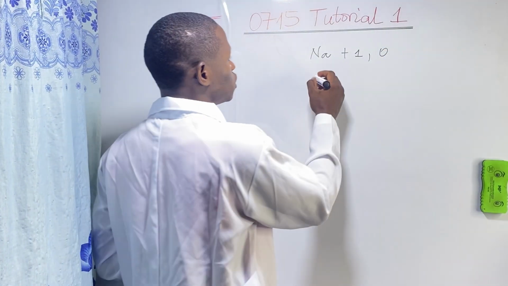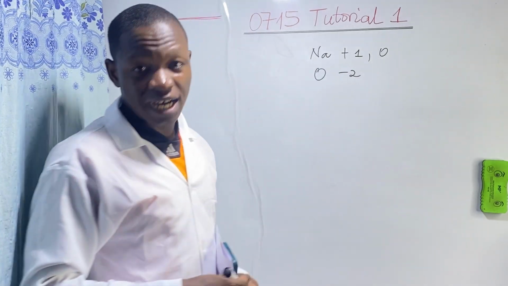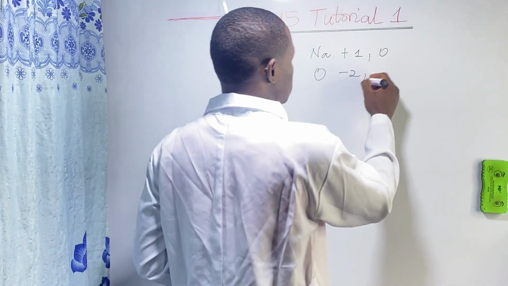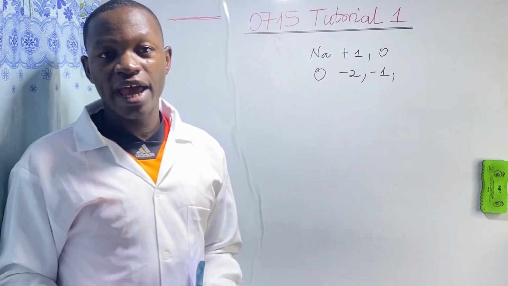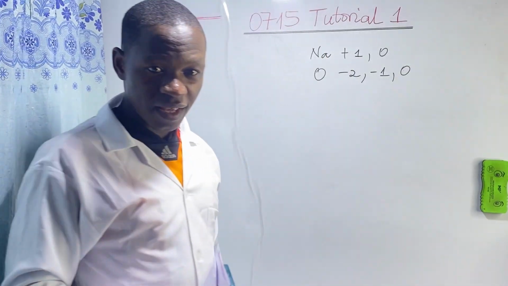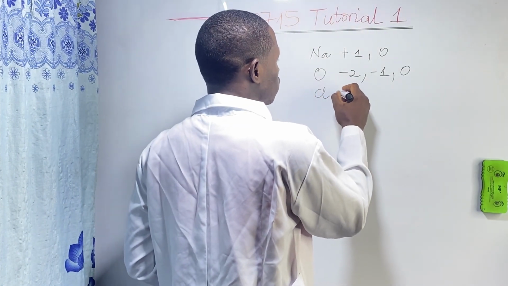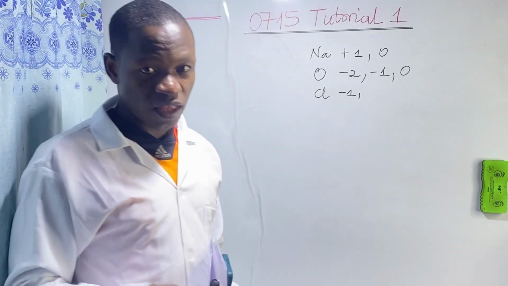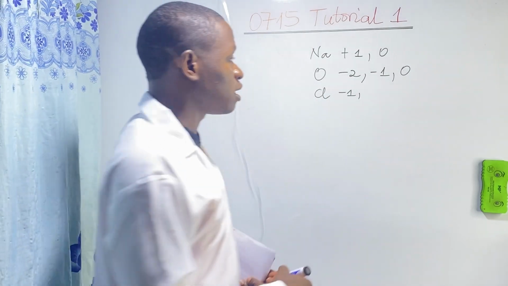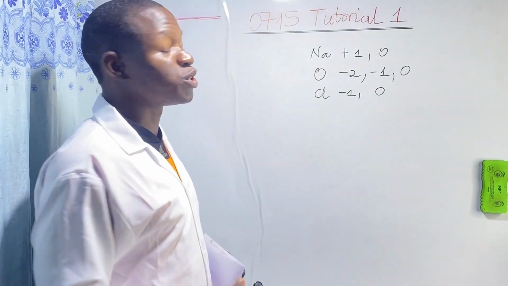Oxygen has an oxidation number of -2 generally, but in peroxide, oxygen is -1, while in the uncombined state, oxygen is 0. Chlorine has an oxidation number of -1 when in a compound or an ion, while in the uncombined state, the oxidation number of chlorine is 0, and so on.